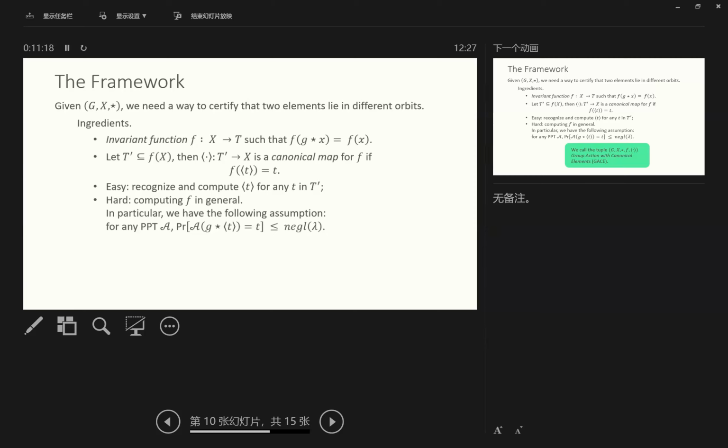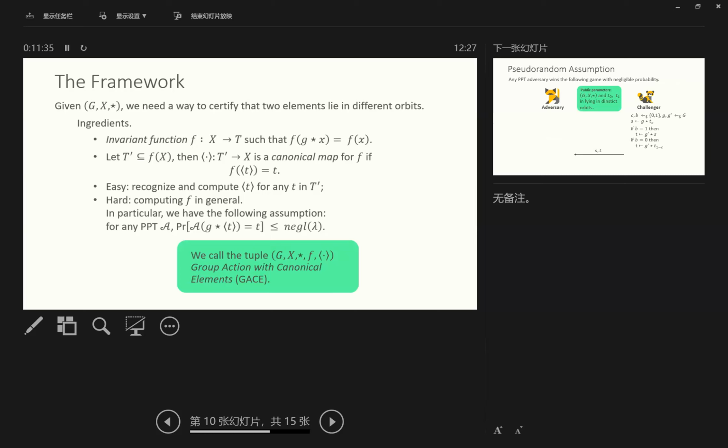For any probabilistic adversary A, when we give the adversary an element in the orbit of a canonical element T, it must not be able to determine T, or at least only with negligible probability. If this holds, we call this tuple G, X, star, the invariant function and the canonical map, a group action with canonical elements.